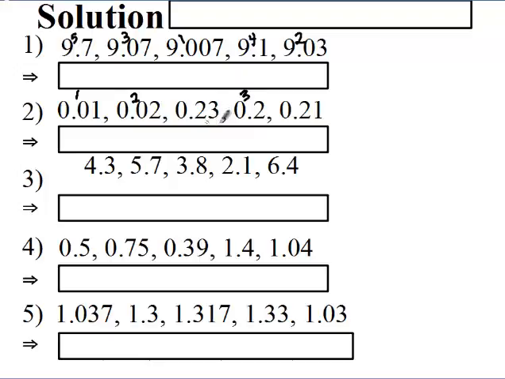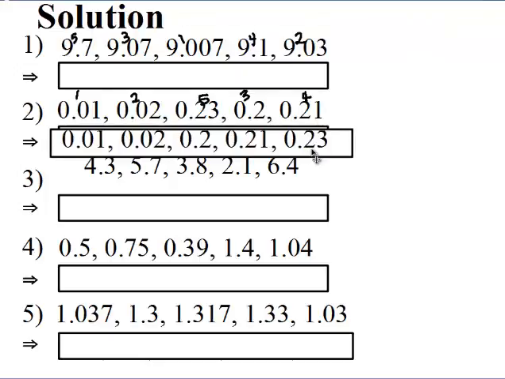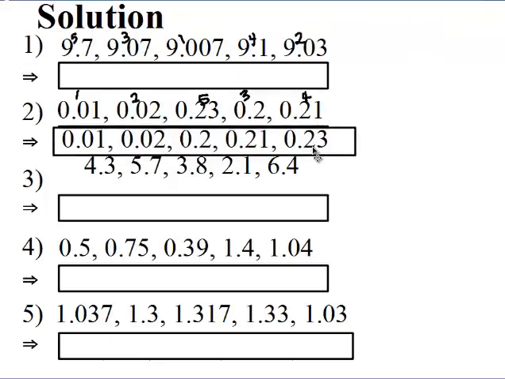Then when we compare 3 and 1, 1 is the next, followed by 3. So arranging in ascending order, this gives us the ascending order of these decimals.